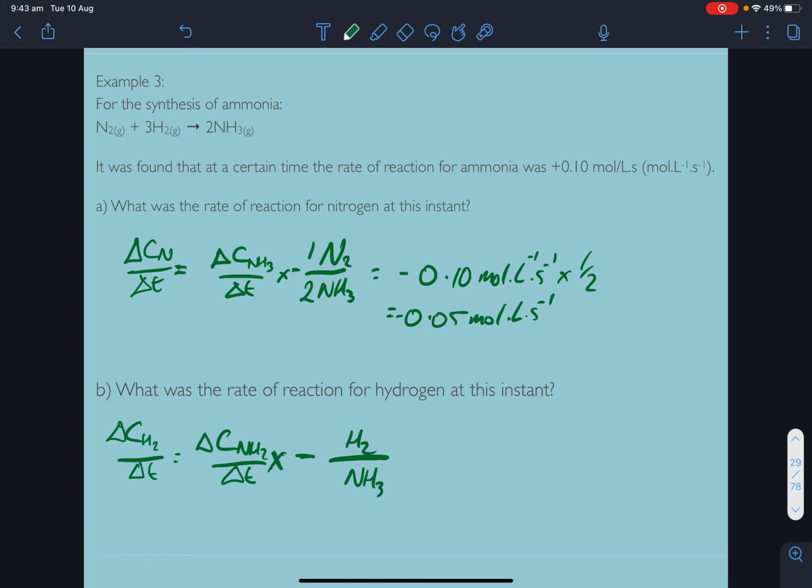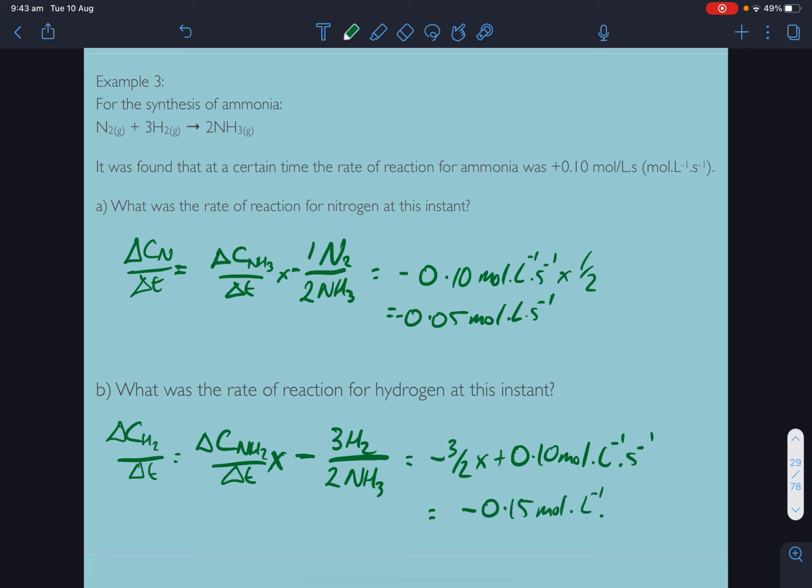Okay, and what's in front of the hydrogen? 3. And what's in front of this? 2. So it's going to be 3/2. So negative 3 on 2 times the positive 0.10 moles per litre per second. Negative 3/2, oh, I can do that. That's negative 0.15 moles per litre per second.